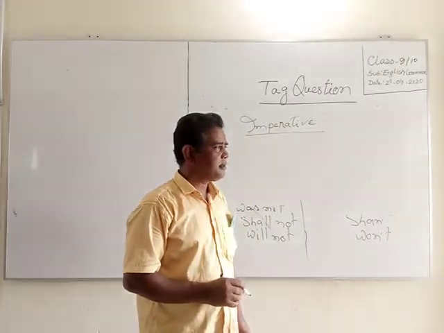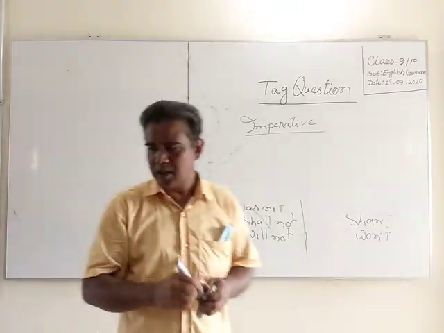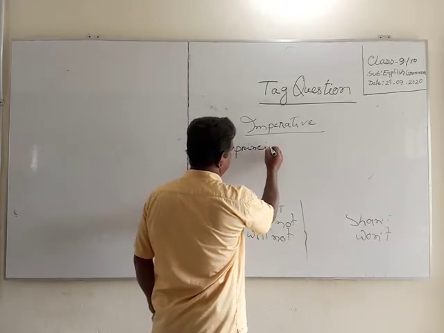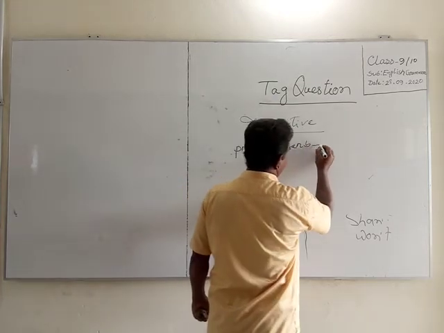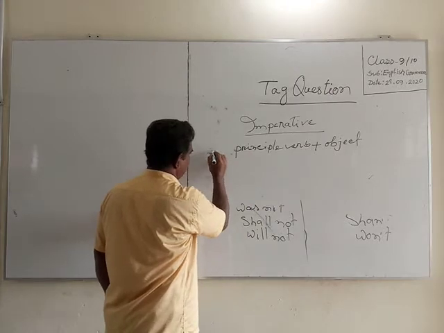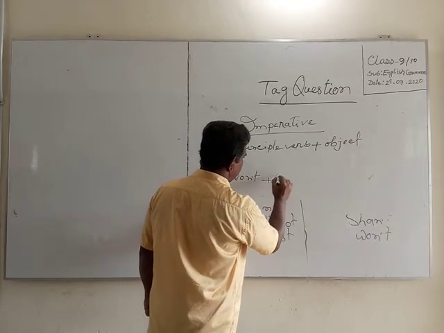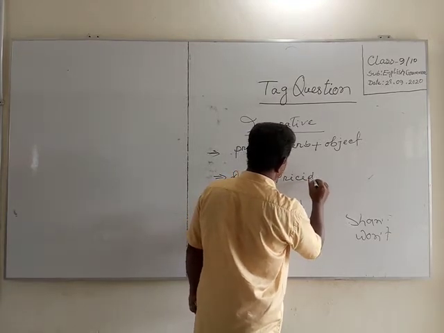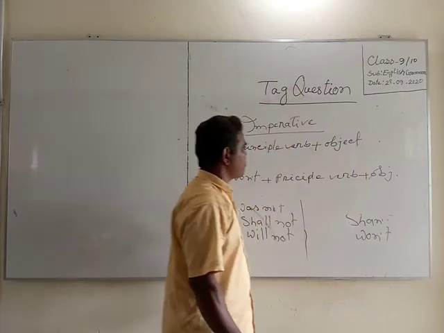The structure of an imperative sentence: principal verb plus object, and another, don't plus principal verb plus object. That's the structure of an imperative sentence.